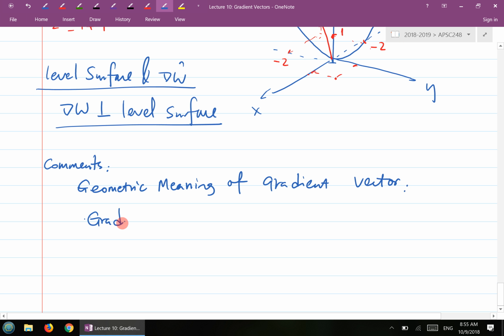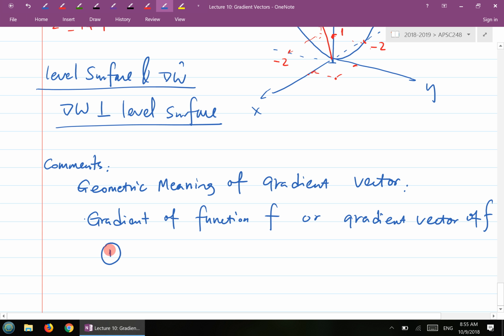So here is the conclusion. The gradient vector of function f has two meanings. First of all, when you have a vector, what are the two pieces of information associated with it? Magnitude and direction. So let's talk about direction first.